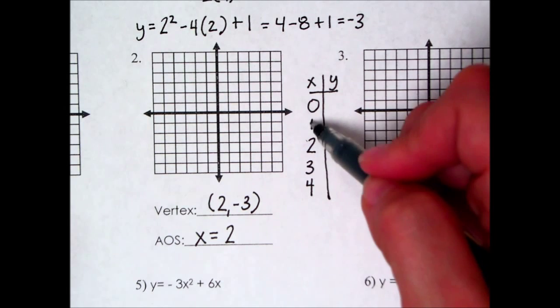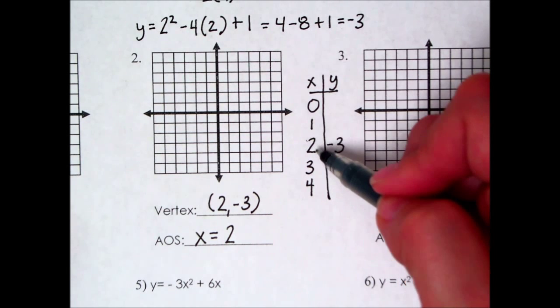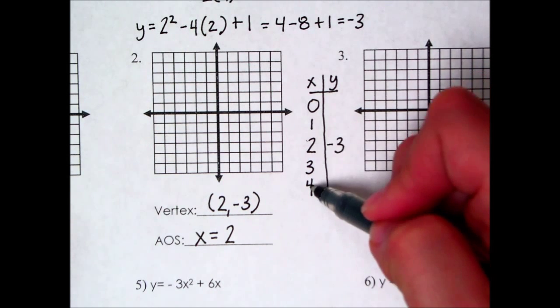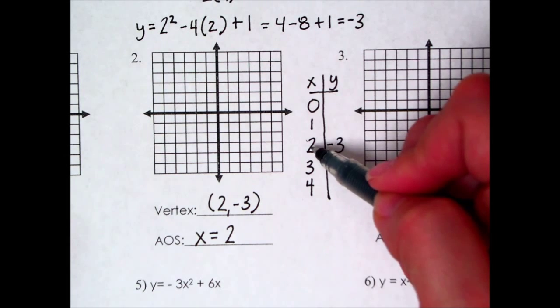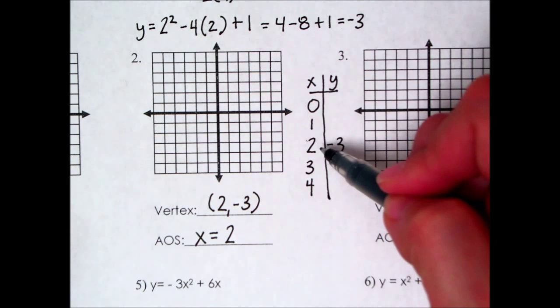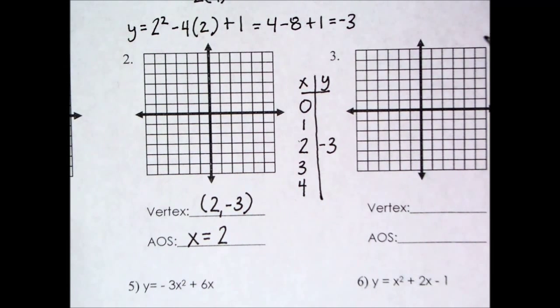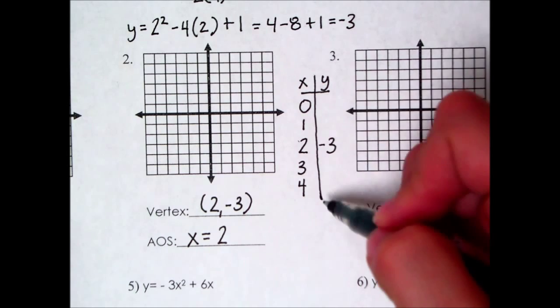We want to keep these equidistant from our vertex value. Same thing with the 0. 0 is 2 units away from 2. 4 is 2 units away from 2. So 0 and 4 are both equidistant from the 2. That makes a difference because when we start plugging this into the calculator, we start to get some information that helps us with both of these numbers.